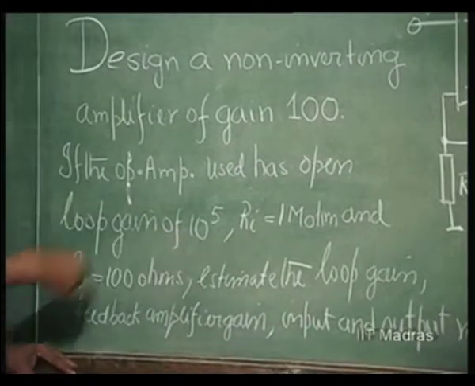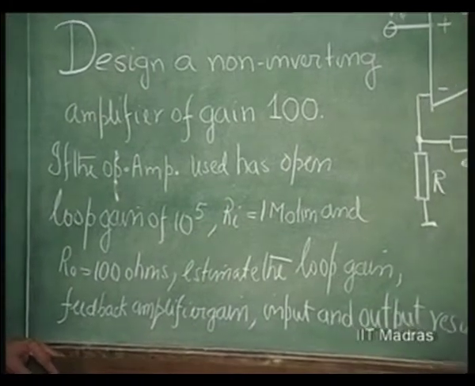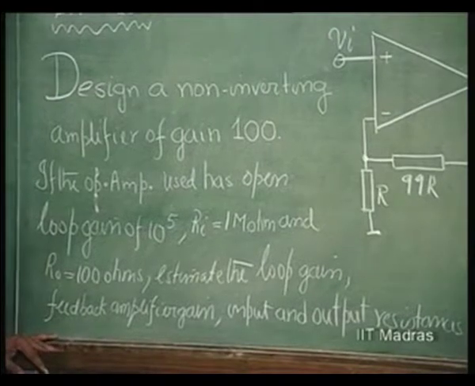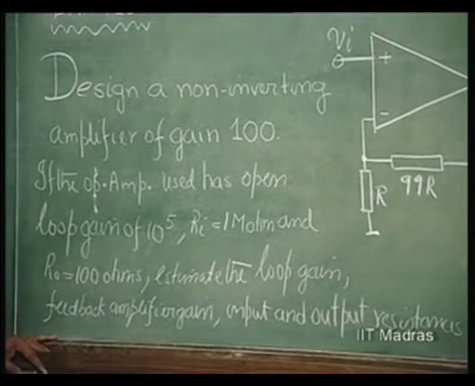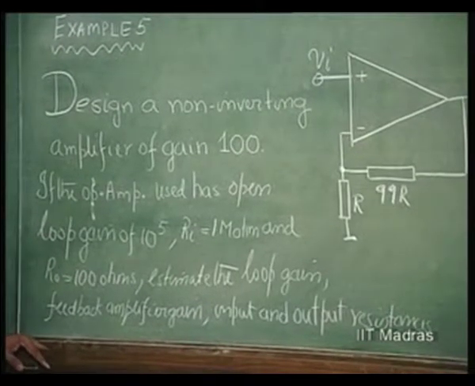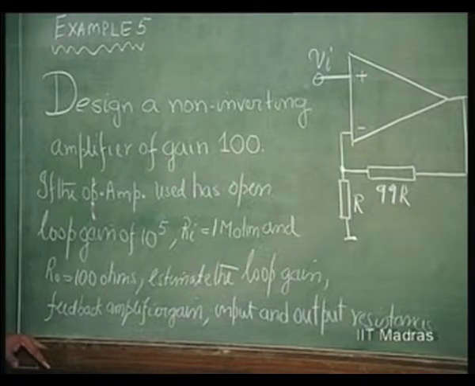These are the typical parameters for any practical op amp. Estimate the loop gain, feedback amplifier gain, input and output resistances. This problem illustrates the actual design involved in any amplifier using practical operational amplifier.